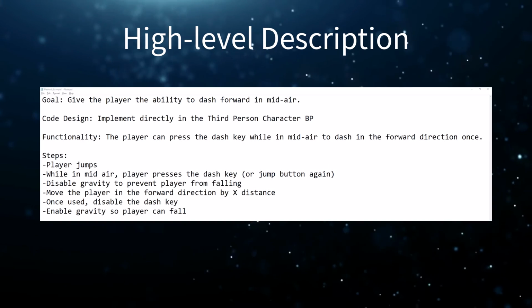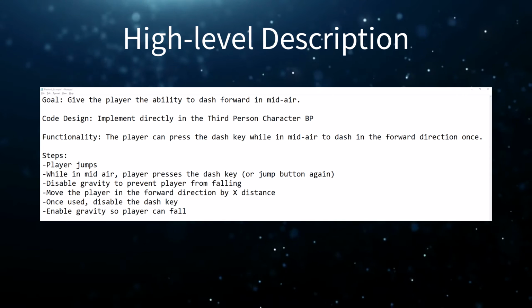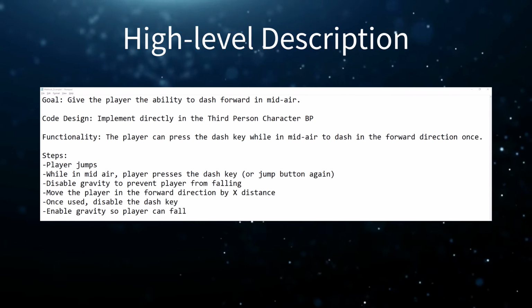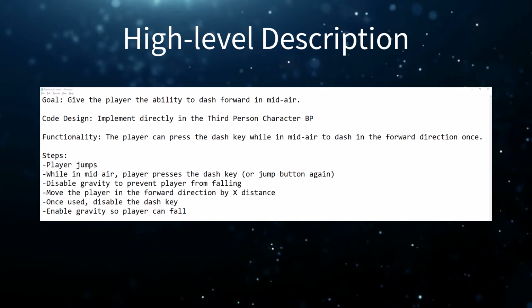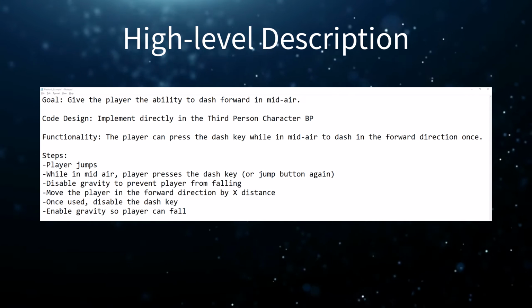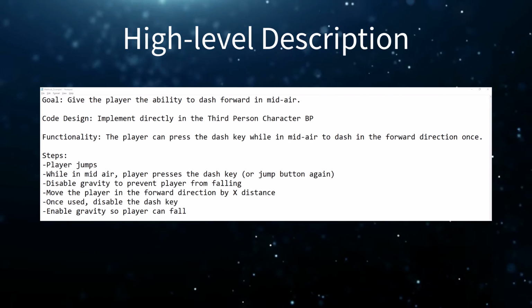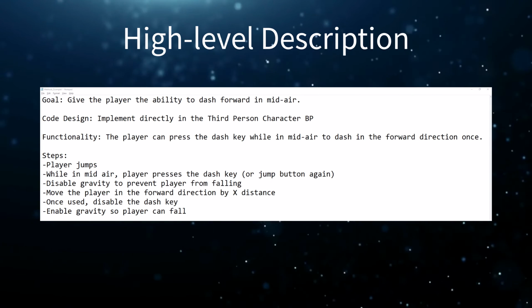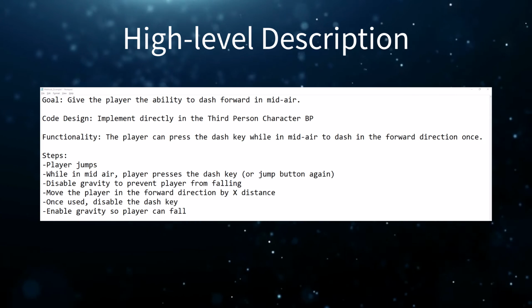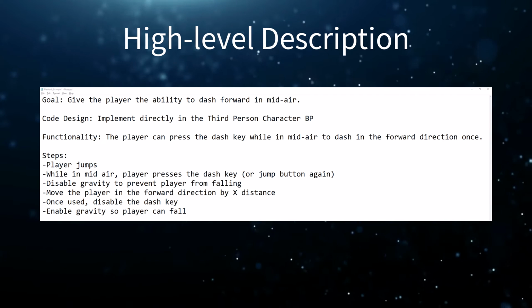And here's an example of a high-level description for our air dash. For our goal, we want to give the player the ability to dash forward in mid-air. For our code design, we can implement this directly inside the third-person character blueprint. The functionality can be described as the player can press the dash key while in mid-air to dash in forward direction once.